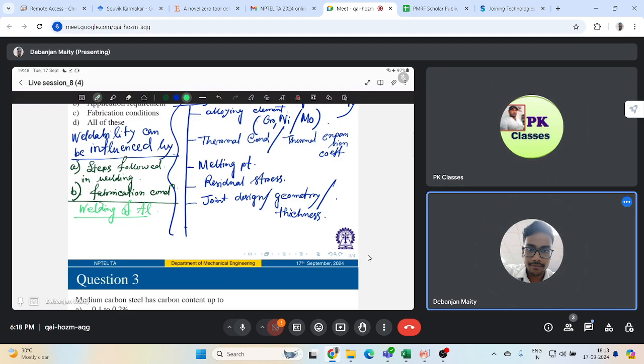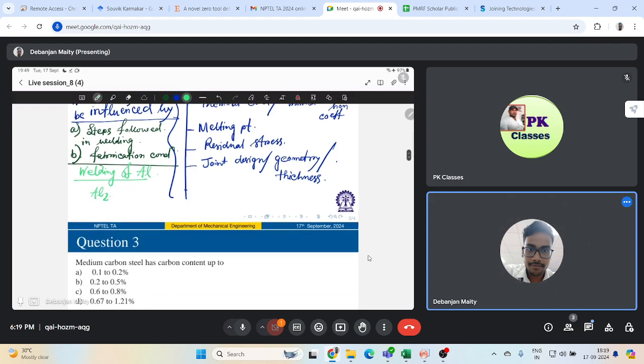The thing is, it depends on your technique. Let's say in one case you are using shielded metal arc welding, and in another case you are using TIG or MIG welding. Now, aluminum has an affinity for oxide formation. It can easily form oxide. The protection or coating you use in shielded metal arc welding is not as effective as in TIG or MIG.